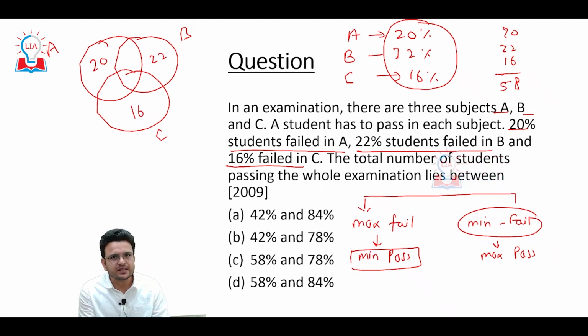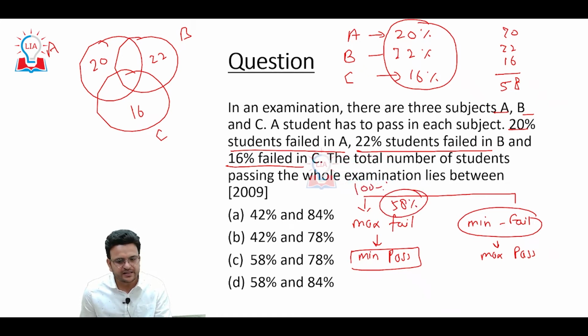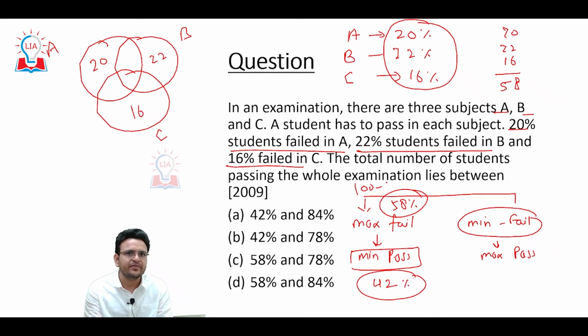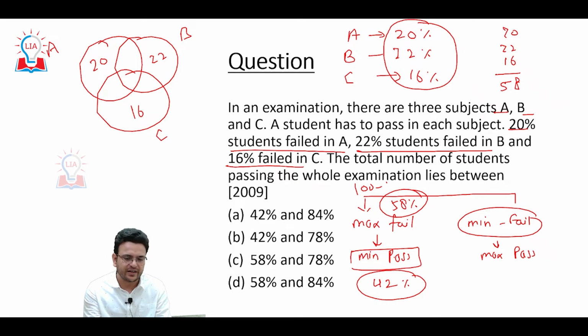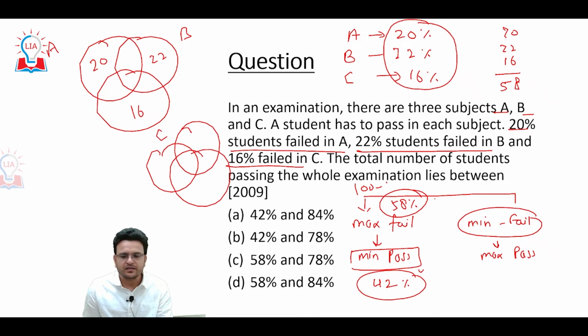So 58% of the students can fail at maximum. So the minimum pass will be 100 minus 58, which becomes 42. So 42% minimum can pass, because the maximum who can fail are 58%. I hope you are able to understand. Now we have to get the value of the minimum who can fail.